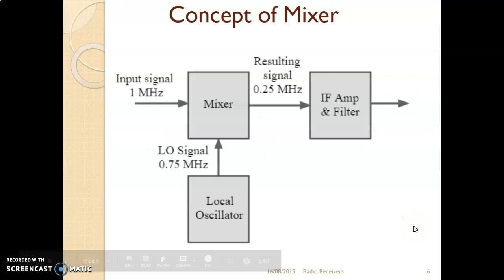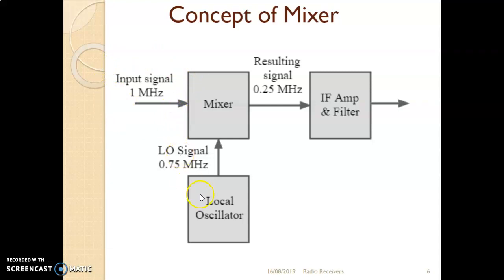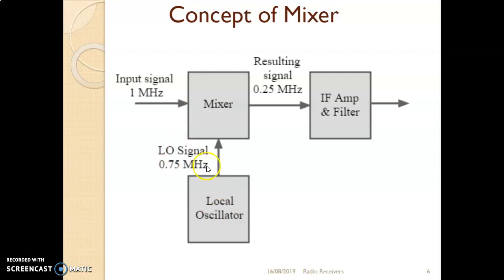To understand the concept of the mixer, I have taken an example where my radio frequency, that is our input signal, is 1 megahertz, and the local oscillator frequency is 0.75 megahertz. The mixer mixes these two frequencies. At the output we will have F1 plus F2 and F1 minus F2, but most of the time in a radio receiver we select the difference frequency.